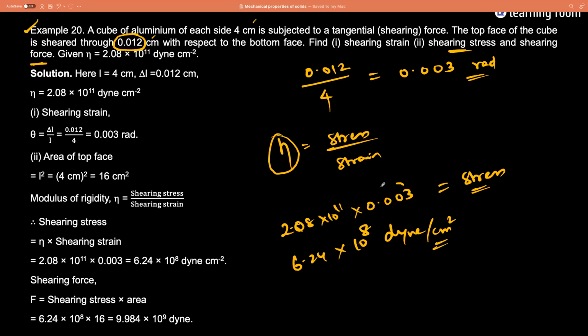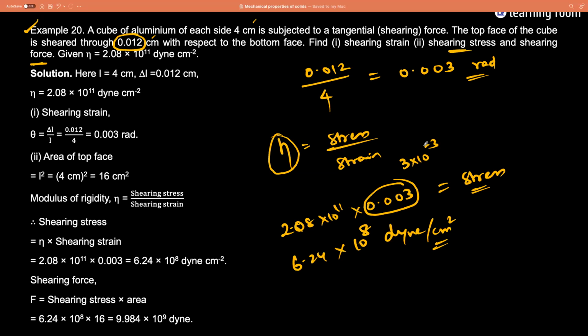You understood what I did? I wrote the 0.003 as 3 into 10 power minus 3. So 2.08 into 3 is going to be 6.24 into 10 power 11 into 10 power minus 3, which is 10 power 8.